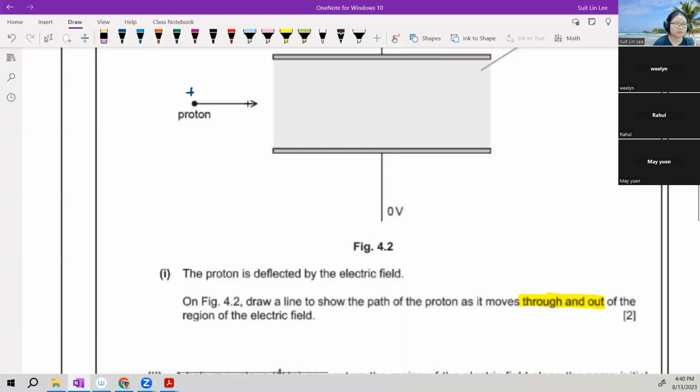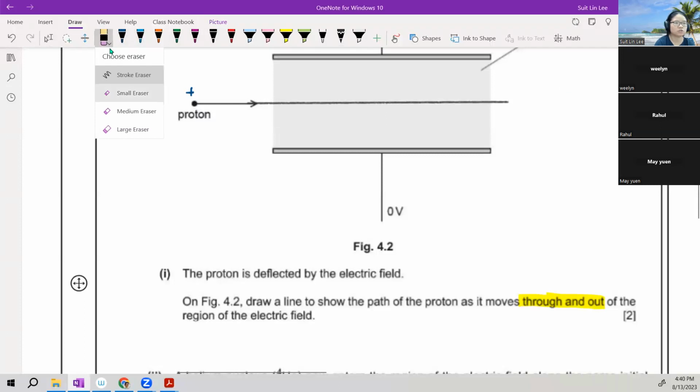So what will help me is if I draw a horizontal line, this is the line where the proton will move if I turn off the electric field. Meaning if I turn off the electric field, there are no more forces acting on the proton. And then this is the direction that the proton will travel. Due to its inertial property, it will move in a straight line. Okay?